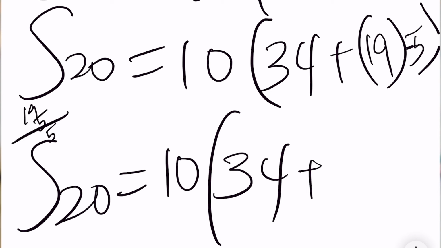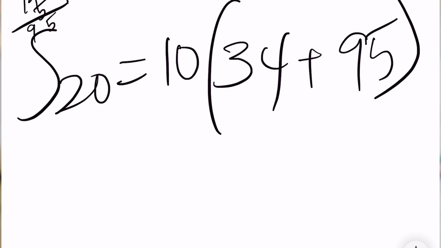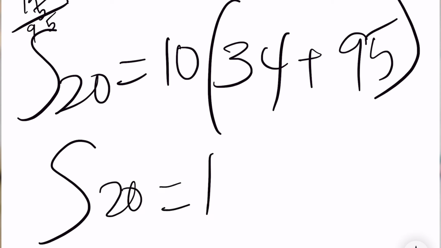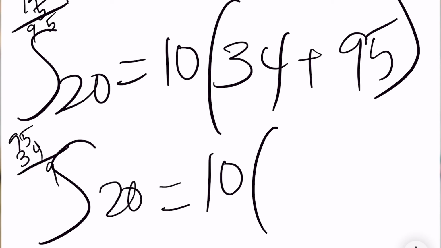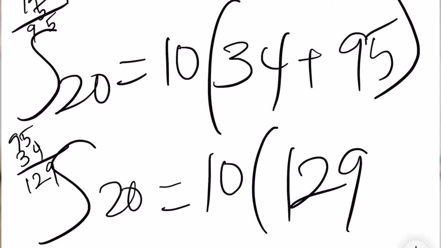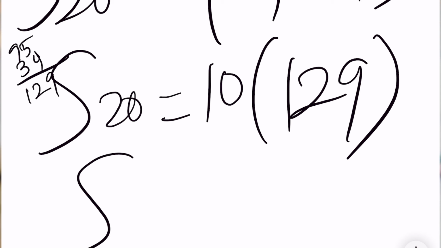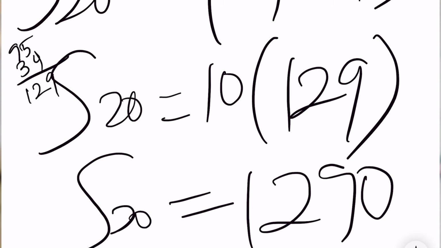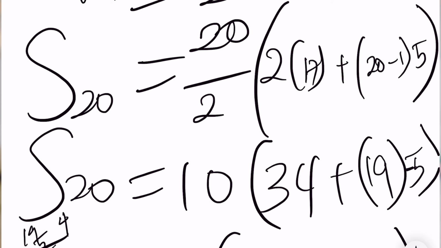So 9 times 5 is 45, 5 times 1 is 5 plus 4, that's 9. So we have 95. So we have our S20 to be 10 into bracket 95 plus 34, which is 129, so we have 1290.